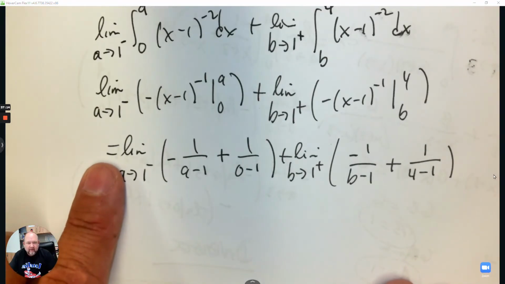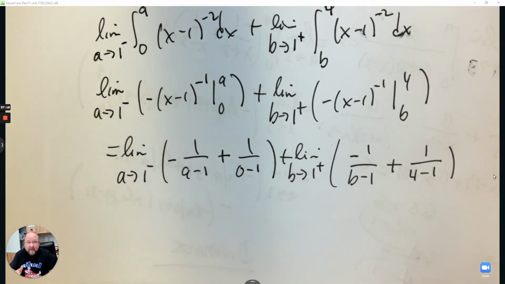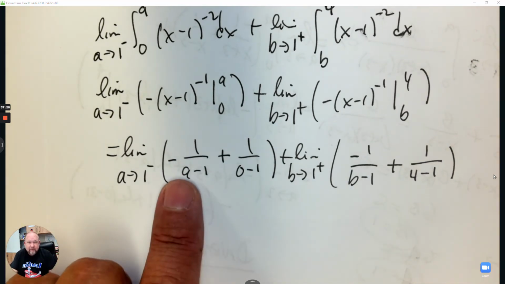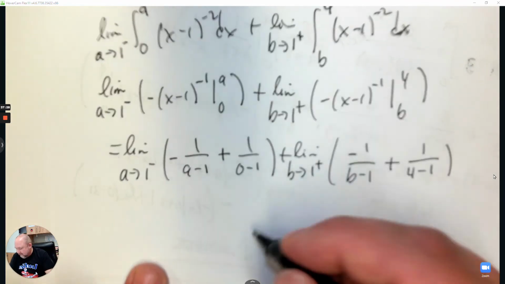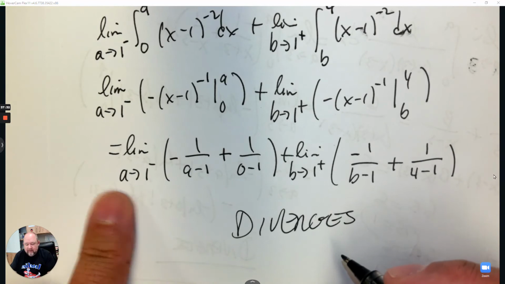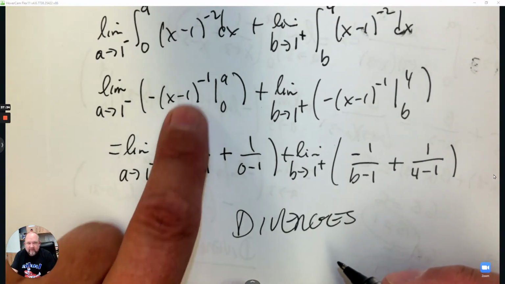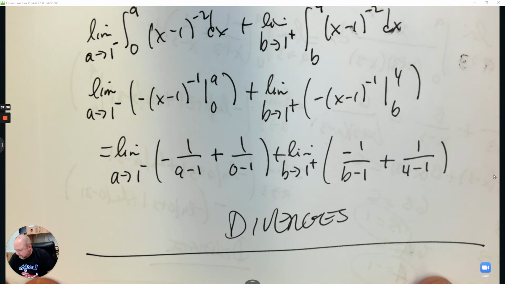And then when you plug in 1, it is undefined here. There's an asymptote there. It does not converge to an answer because it's in the denominator. So before, when I integrated, it was no longer in the denominator, so it converged to something. Number 19 diverges. So when I plug in 1, it's still undefined. It's still improper. It does not converge to an answer.